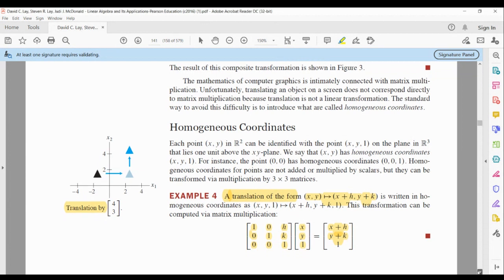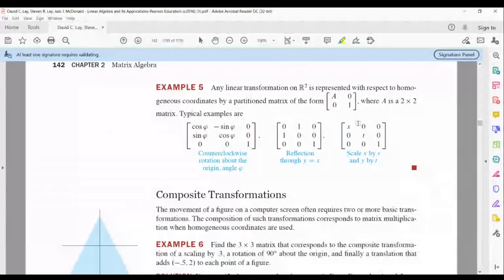So what we're going to do is, in example 5, they give some examples of things you've seen before. The first matrix has a rotation.